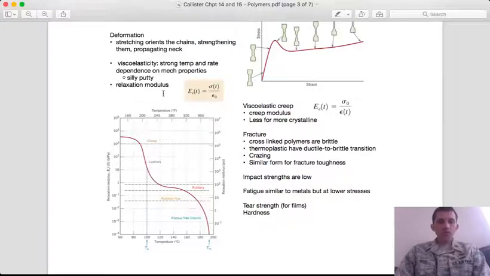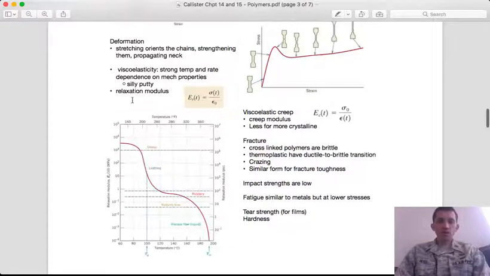And to describe it, we have this quantity called the relaxation modulus. This is essentially a time-dependent modulus where if you apply a constant strain, right? So you strain a material to a certain elongation, and then you just measure the stress as a function of time, what you will see is that that stress will decrease over time as the material relaxes.